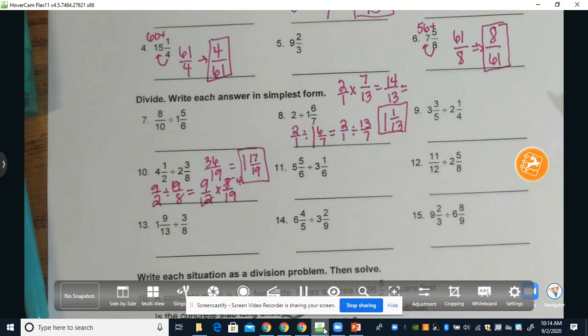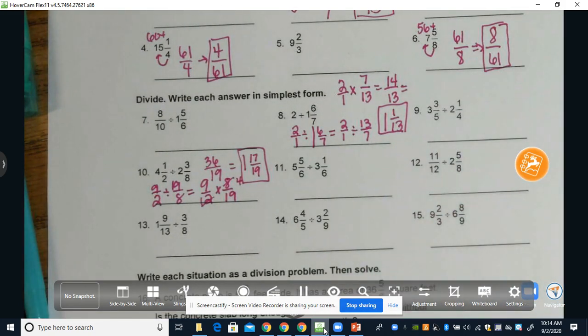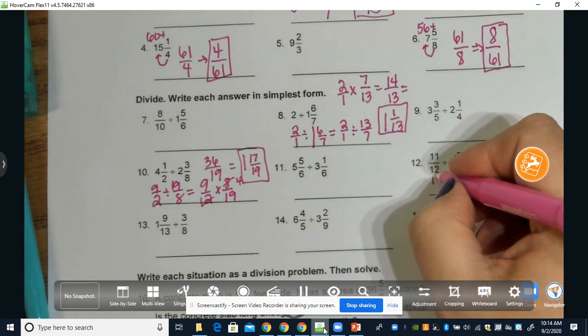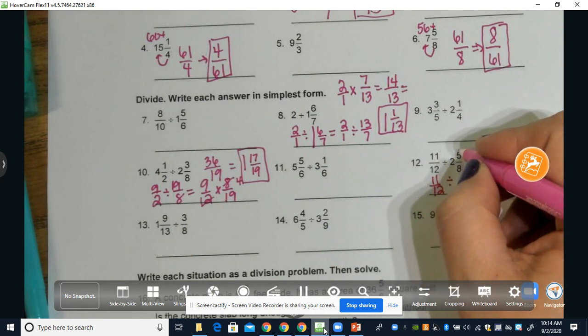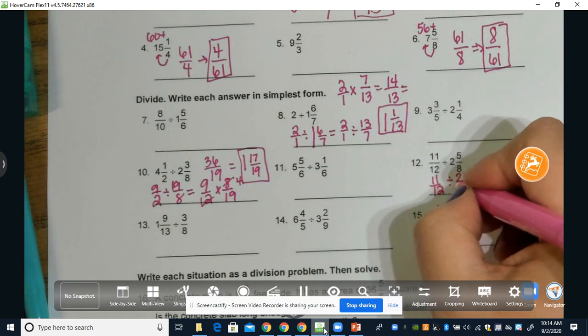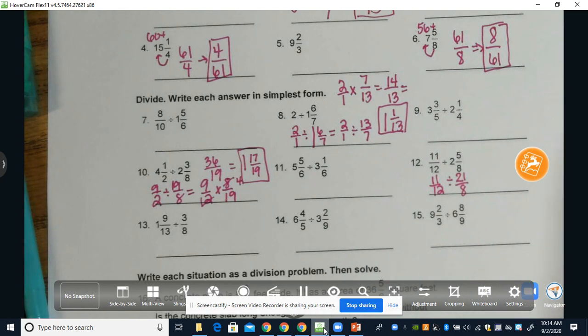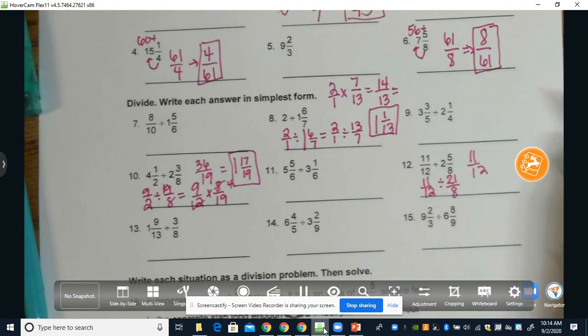Okay, number 12. I don't have to worry about making that into an improper fraction because it's already a fraction. So 11 twelfths divided by 16 plus 5 is 21. So it's 21 over 8. I'm going to keep the first the same, so 11 over 12.